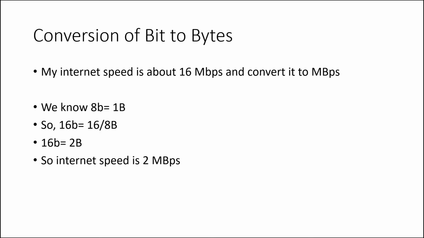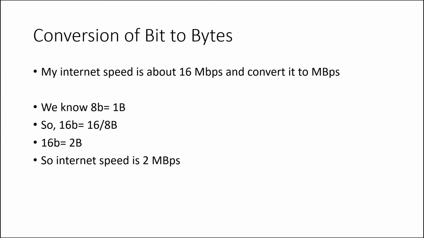So you see, oh, it's 16 megabits per second, but you don't understand the actual difference. So you think, oh, this is a huge value. You will understand this difference when you download something.